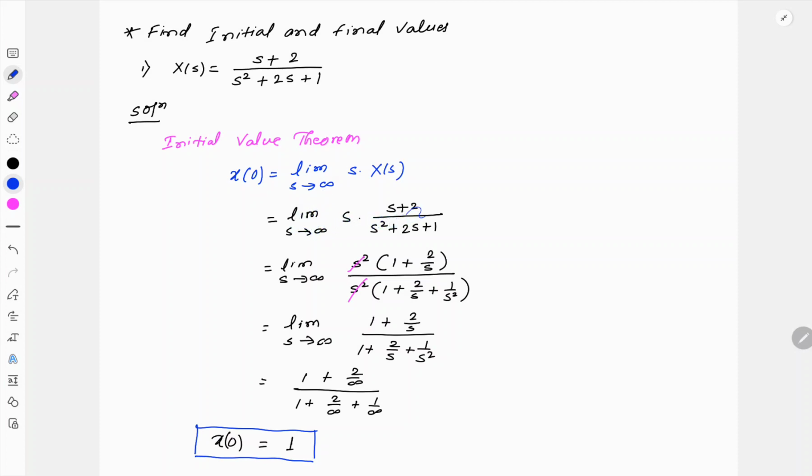So in the numerator, if you look at this particular expression, here in the numerator also we have s square term, in the denominator also we have s square term. So we can cancel the powers of s, so that we can apply the limits and 1 by infinity becomes 0, and accordingly we can get the answer. So initial value is 1.